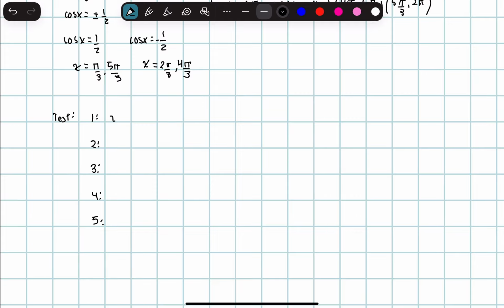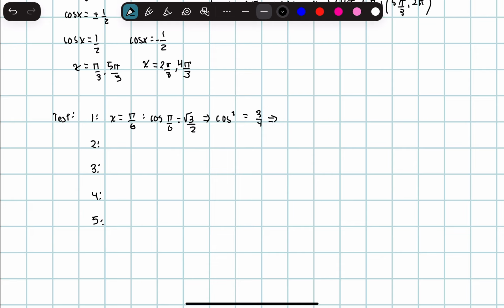For our first interval, let's try x equal to pi over 6. Cosine of pi over 6 is equal to root 3 over 2. So cosine squared is going to be equal to 3 over 4.